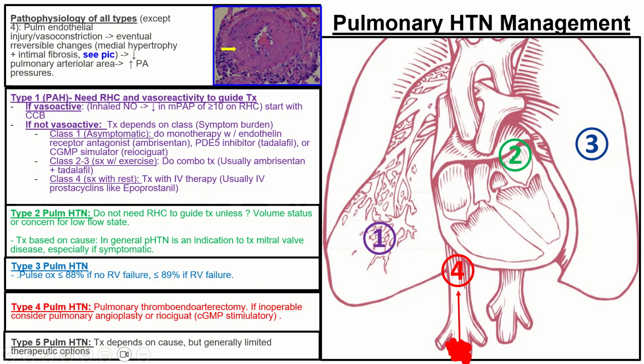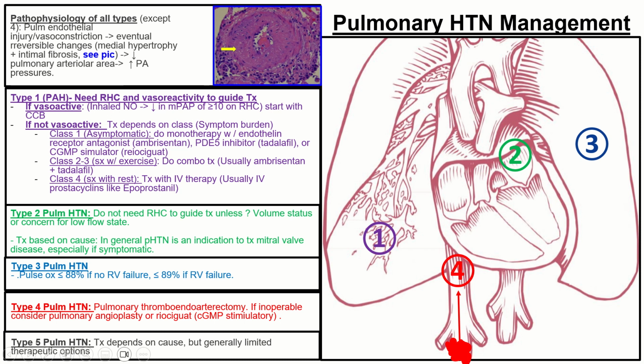Lastly is management. If these are active, calcium channel blocker; if not, depends on what class they are. If they're asymptomatic, it's usually monotherapy, then 2 to 3 drug combo treatment. Class 4, treat with IV therapy. Type 2 pulmonary hypertension, really treat with guideline-directed therapy for the heart failure. If you think it's mitral disease, it's probably going to need surgery.